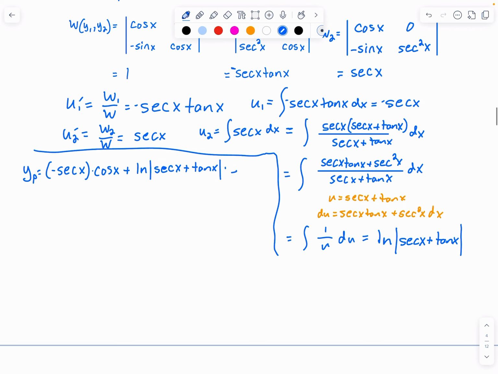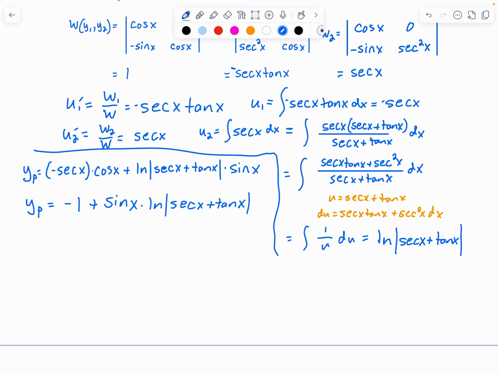Yep. There's my particular. We could clean this up a little bit because secant times cosine is a 1, so negative 1 plus, and then I like my sine up front so we don't mistake it to be inside the ln. Doesn't matter though. All right, so there's y sub p.